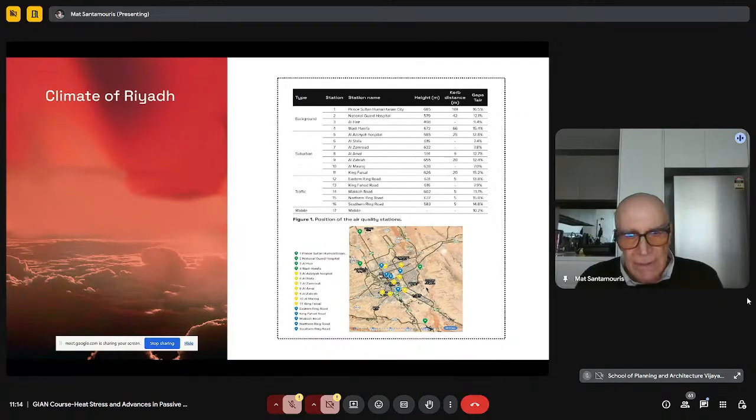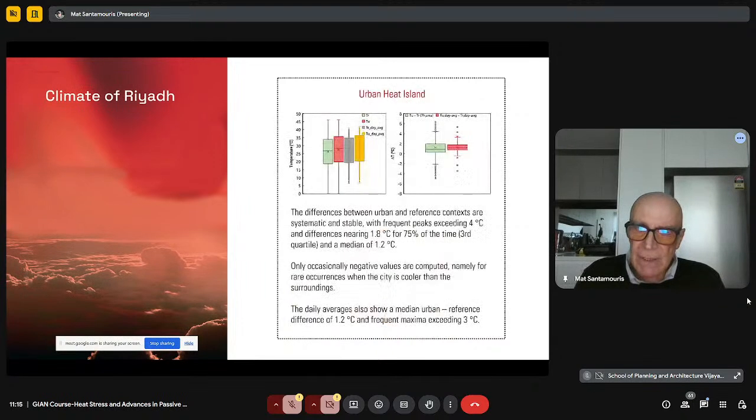Actually, in Riyadh, there are about 16 different meteorological stations at the city level along the whole city. And we got the data for all these meteorological stations for a period of 5 or 6 years.